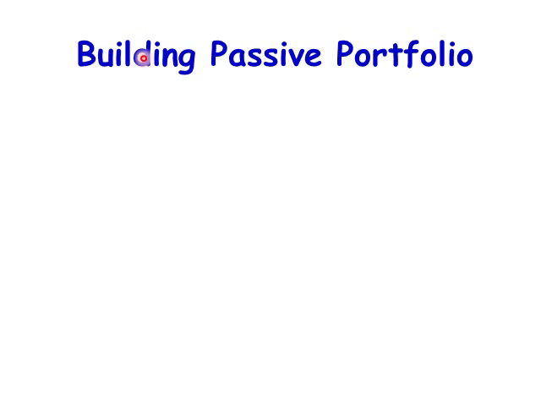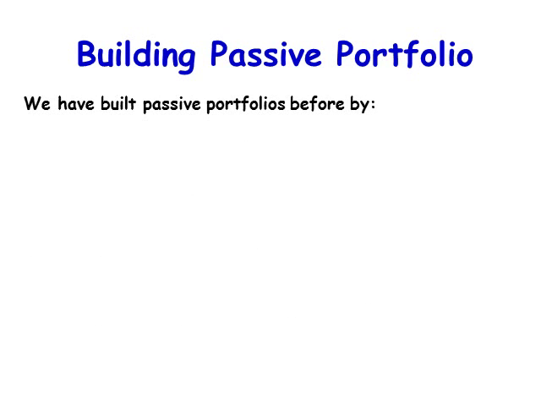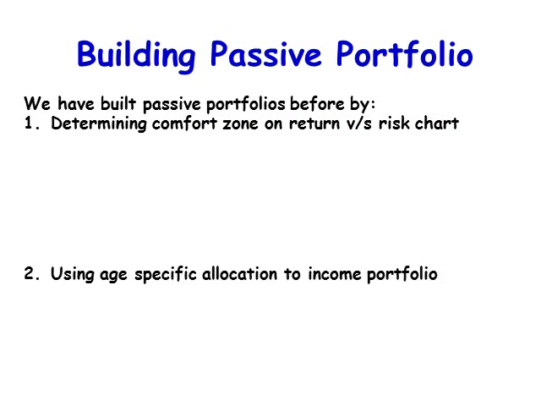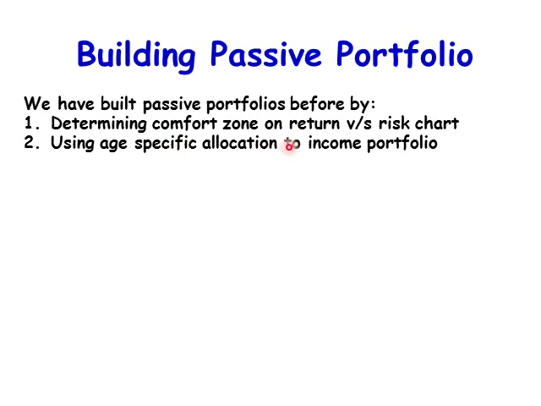Let's continue here, building passive portfolios. We have built passive portfolios before by determining a comfort zone on the return versus risk chart, using age specific allocation to income portfolio, which we used when we were constructing rules for construction.